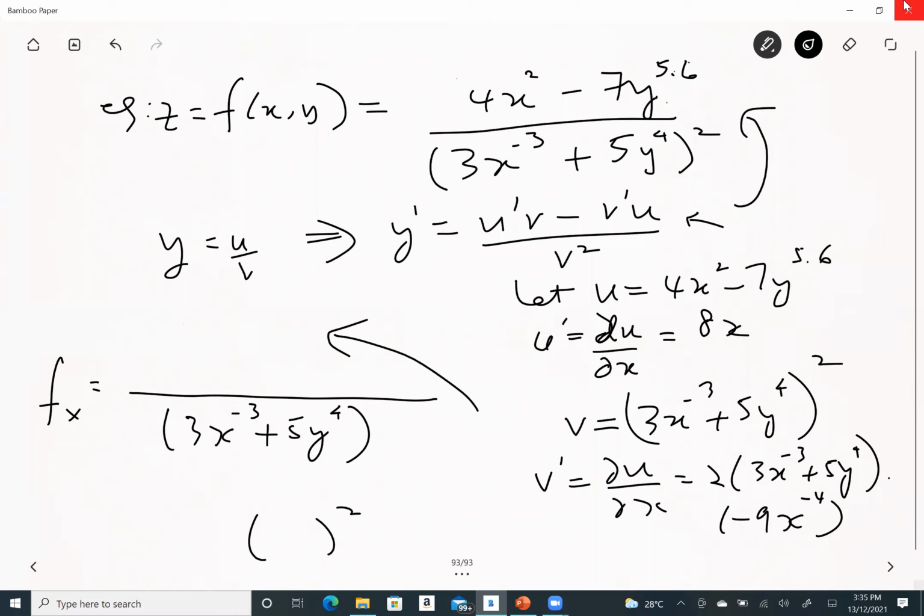Everything here squared, and then squared again. So you multiply 2 times 2, and that is the denominator. So I give you 2 minutes, okay, put in the top terms. You don't have to simplify, just put in the respective terms.